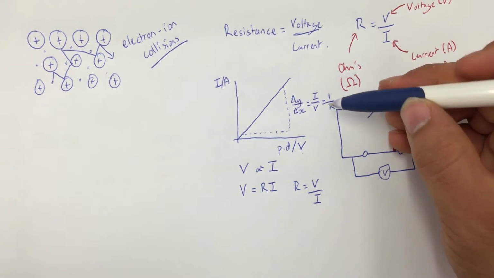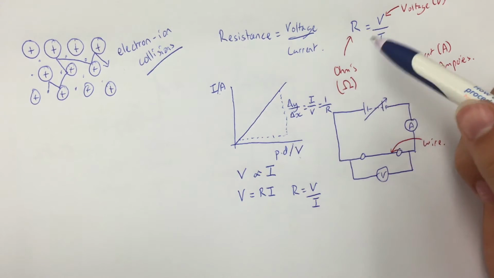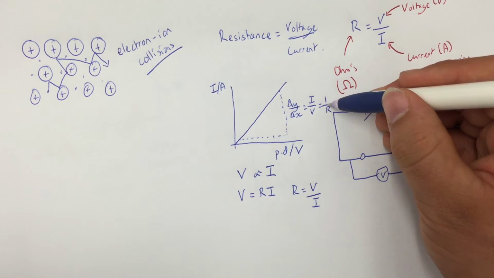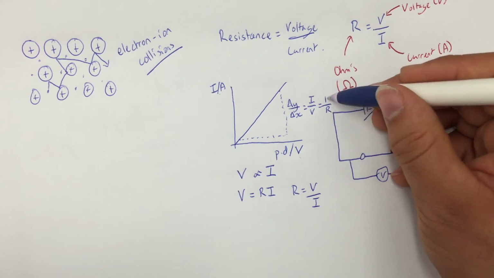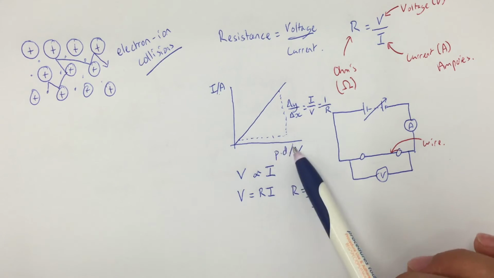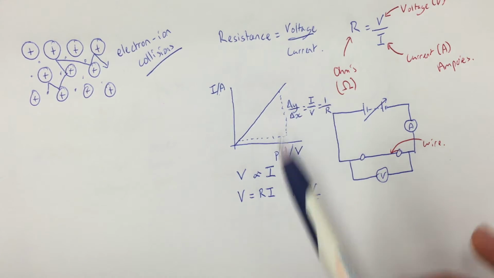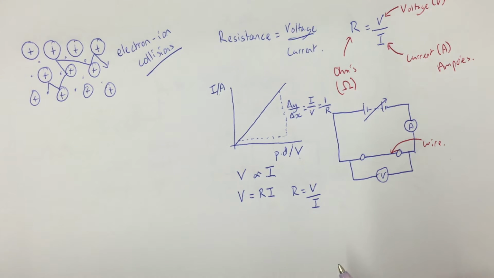So what you would have to do to work out resistance from the gradient of a current-voltage graph would be to do on your calculator the reciprocal, 1 over that. If you had a voltage-current graph the other way round, then the gradient would be equal to the resistance.